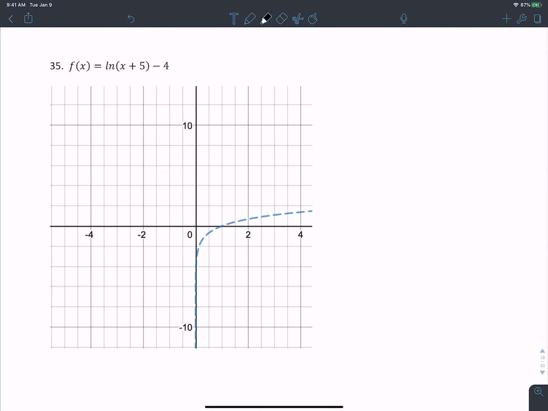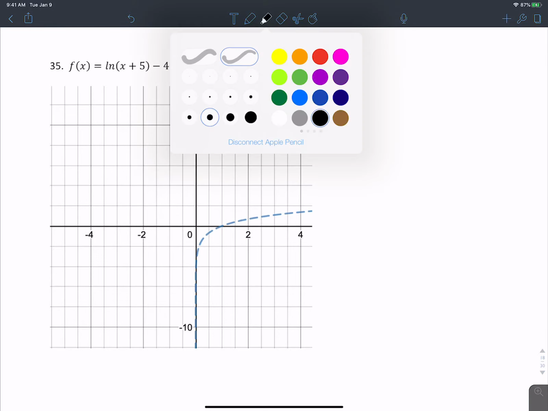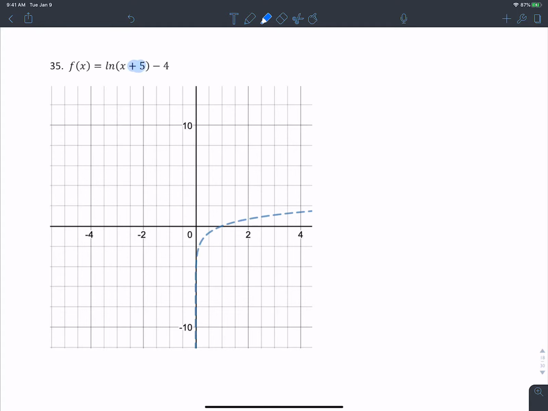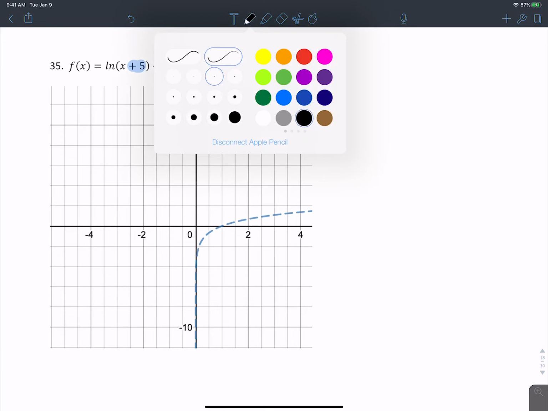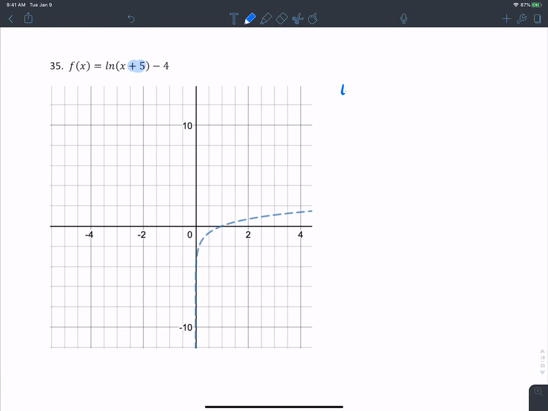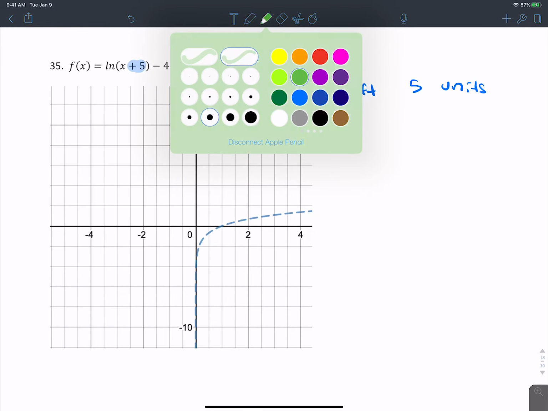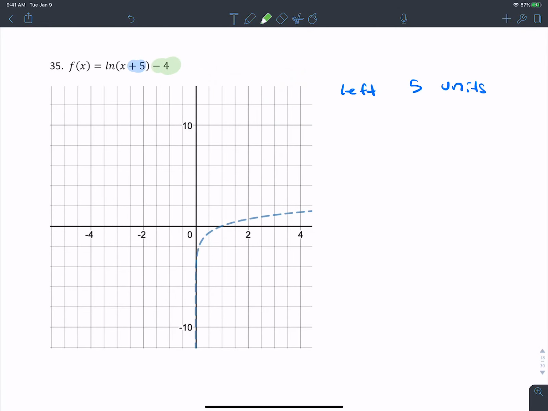We have a similar curve here with the natural log function. So with this curve, we have plus 5. So that means you shift to the left 5 units. But because I have a minus 4, that also means I shift down 4 units.